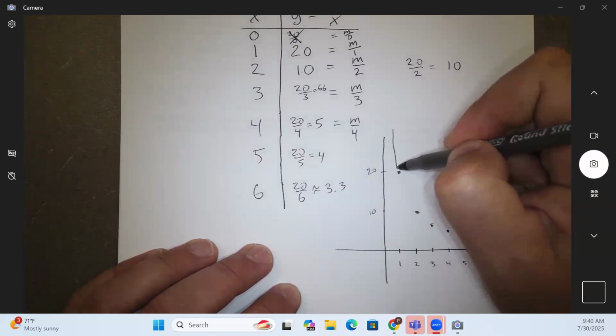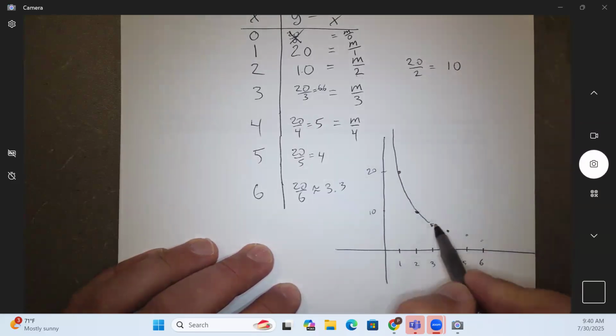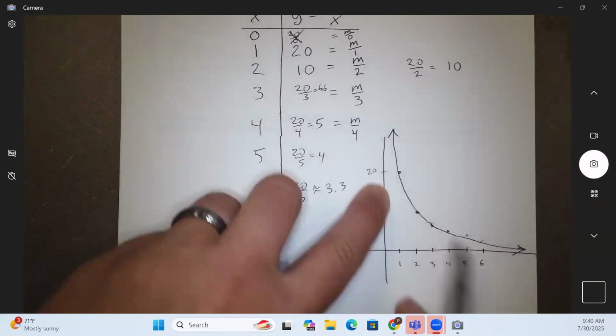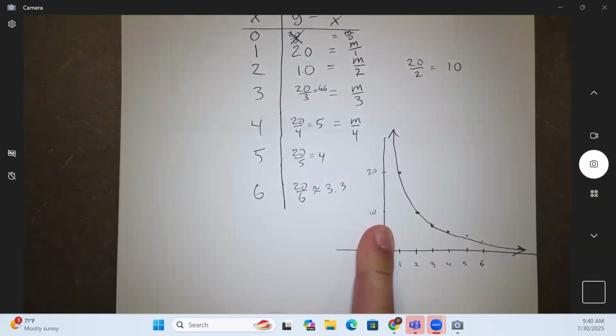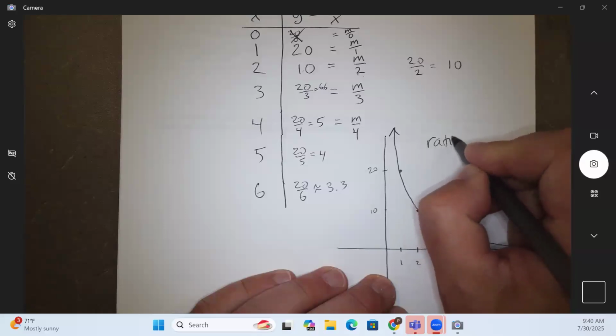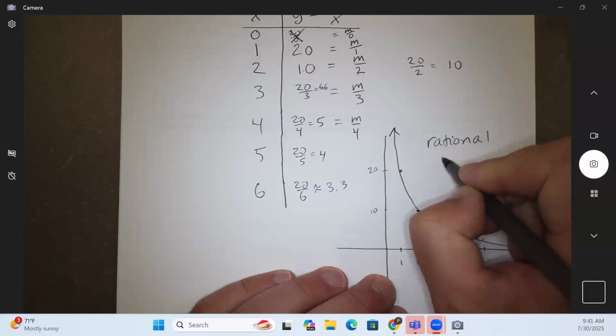So what you end up getting is something that looks like this. It's not exponential because it never touches the axis. It kind of looks like an exponential. I'll acknowledge that it kind of looks like an exponential. But this is a rational function.